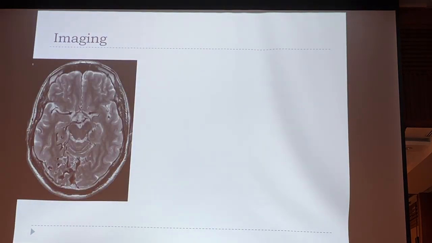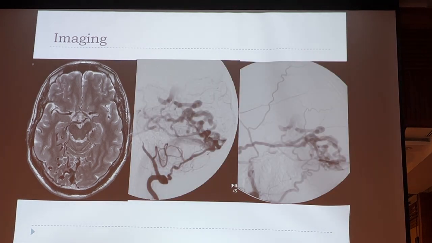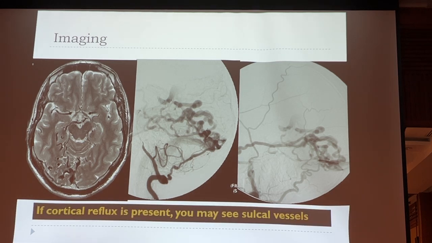And of course, if you have cortical venous reflux, then you will see dilated branches without a parenchymal nidus. So you see in this example here, there's no parenchymal nidus. All of the vessels are within the sulci, and this is a telltale sign for venous congestion.